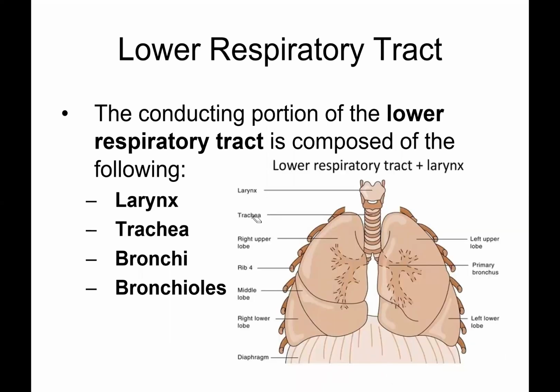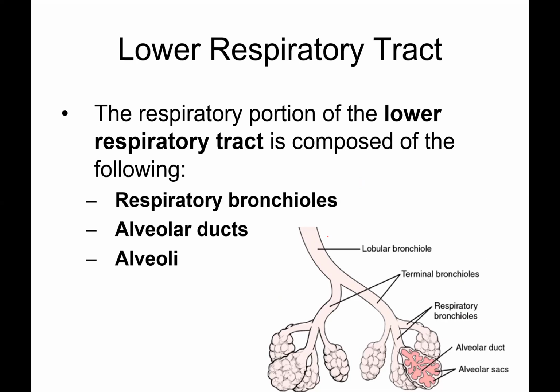Okay, at the very end, so once we get out to the more distal areas of the lung, this is where you're going to find the alveoli. All right, the alveoli is the area of gas exchange. Okay, so as you're coming in, keep in mind in this picture, we're more distal now.